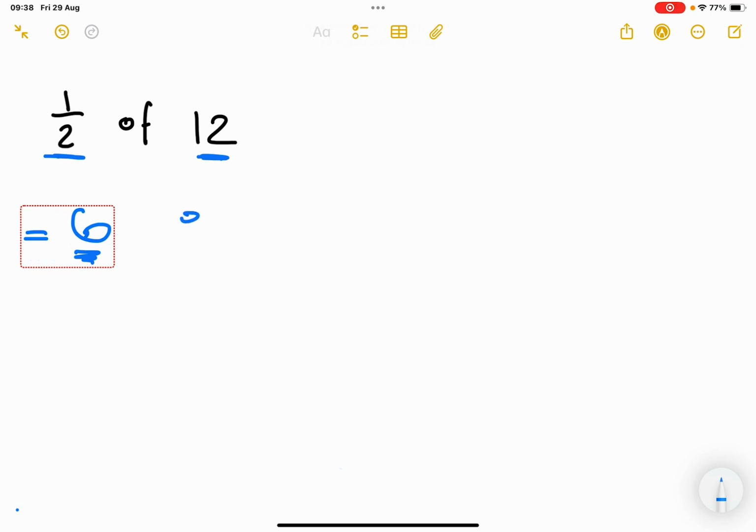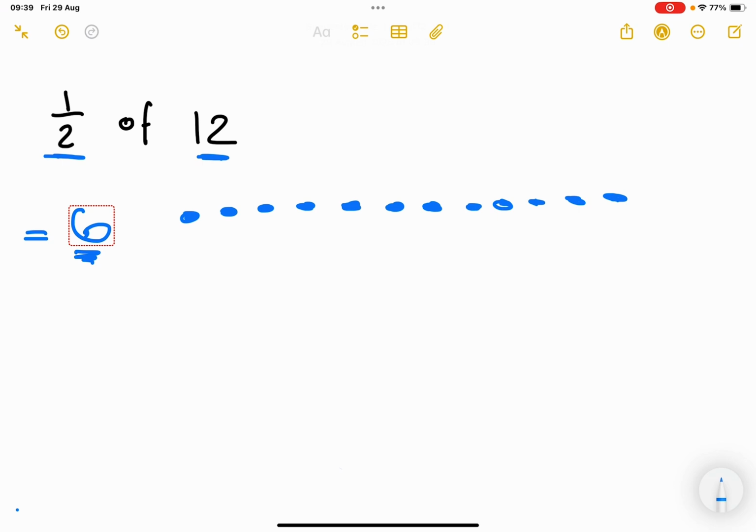Because you are being asked for an amount, you're being asked to divide here. Okay, 1, 2, 3, 4, 5, 6, 7, 8, 9, 10, 11, 12.